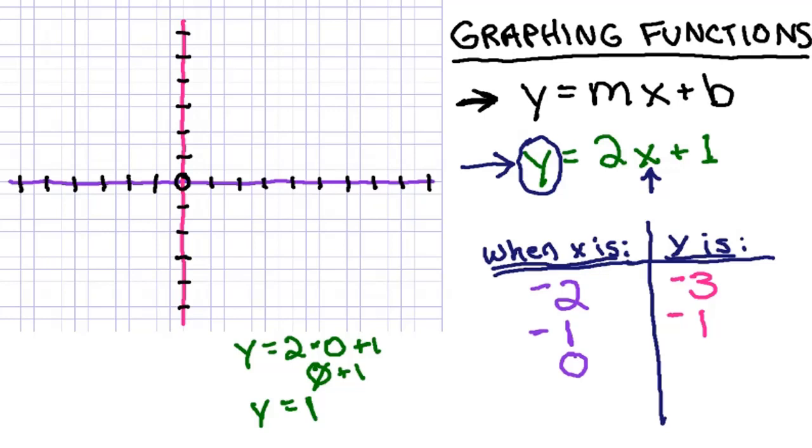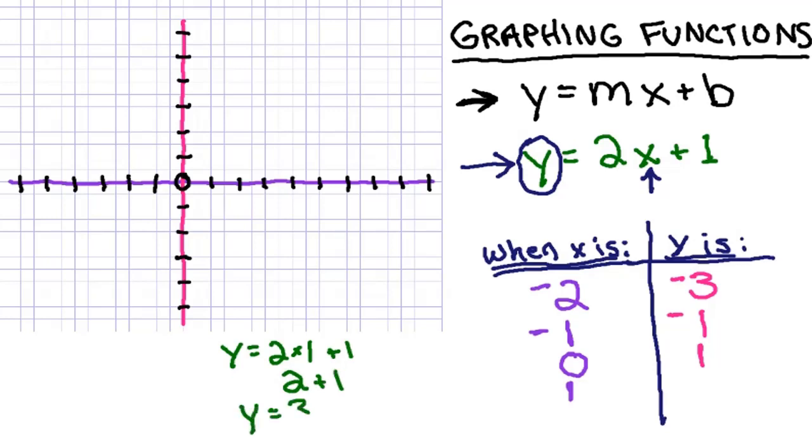So when x is 0, y is 1. Now let's choose +1 for x. When x is 1, y equals 2 times 1 plus 1. 2 times 1 is 2, plus 1 makes y equal 3. So when x is 1, y equals 3.